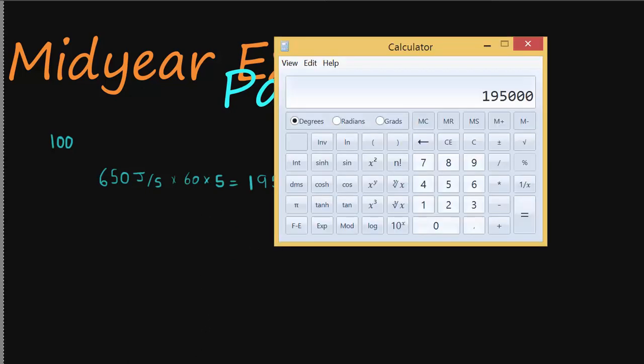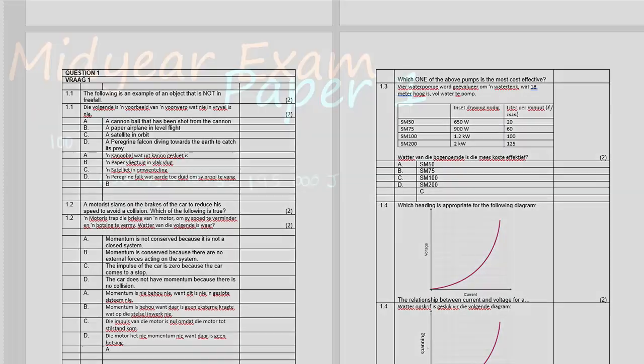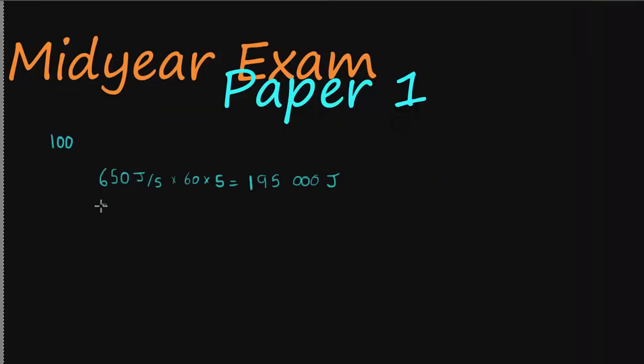Okay, the second one is 900 watts, and it does 60 liters per minute. So if I have 900 joules used per second, and I want to do 100 liters, I'm going to multiply by 60.